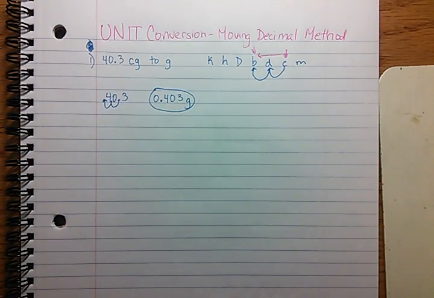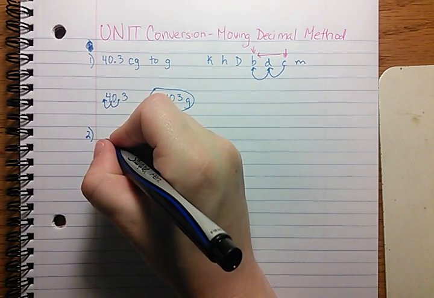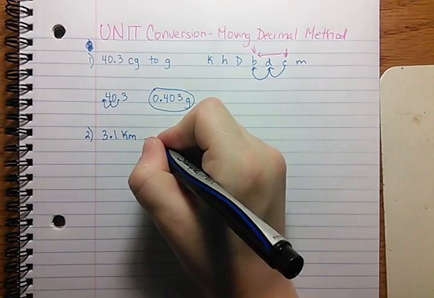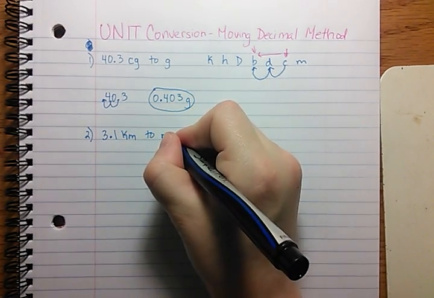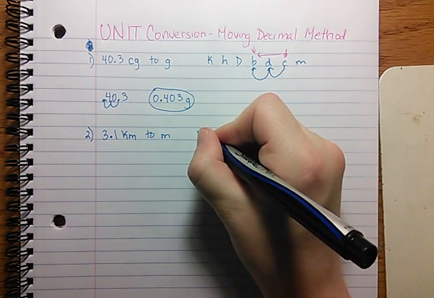We're going to do 4 more problems. Let's write out our metric prefixes, the mnemonic device.